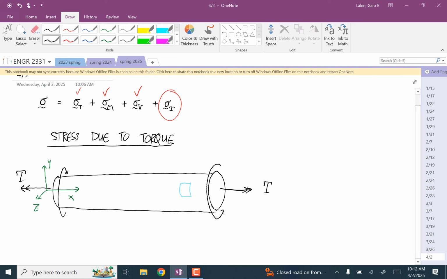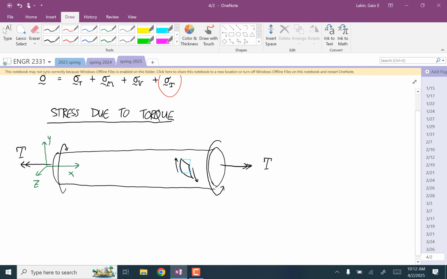What's going to happen to that is this, right? And in order to get that type of deformation, you need to apply a stress this way on this side, or a traction, I guess, this way on this side, and a traction this way on this side. Okay, that's how you would make it deform that way.